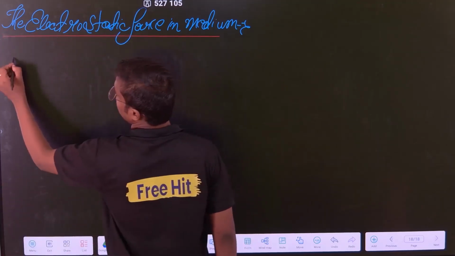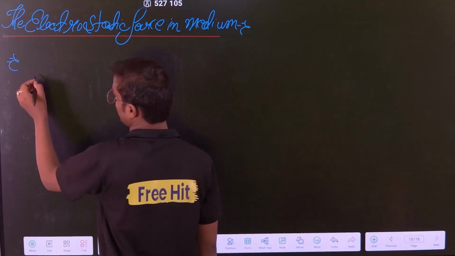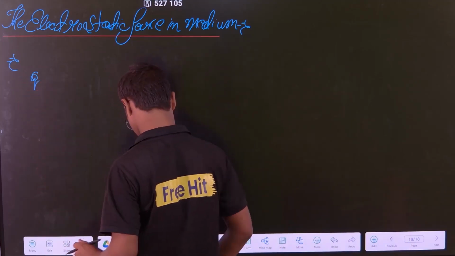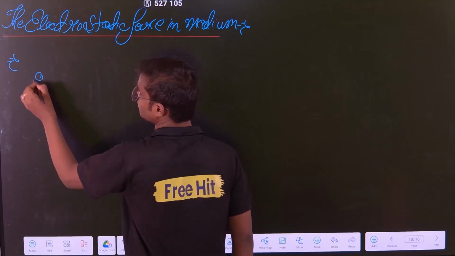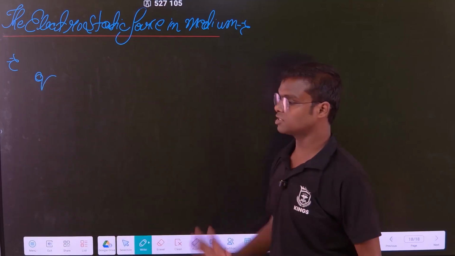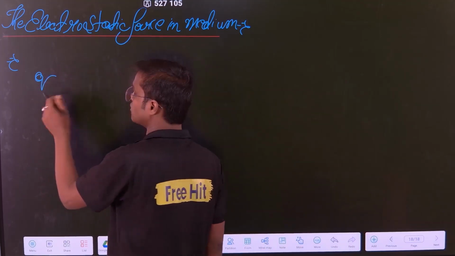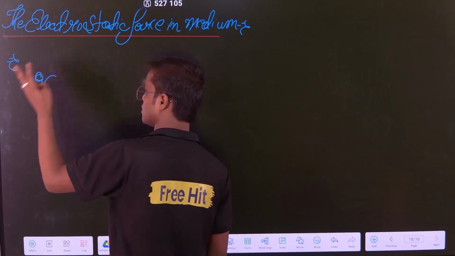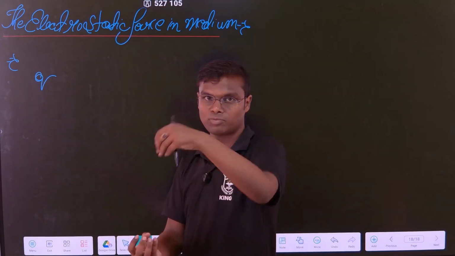So what is this basically? Suppose I have one charge q, and it is a positive charge. I place it into water, so what is going to happen? Or let us not say water, some medium in which I put this charge particle.